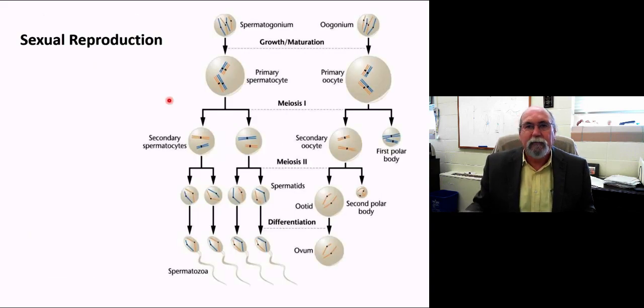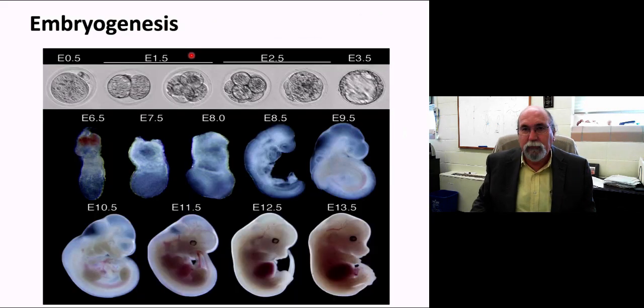Okay? Of course, sexual reproduction. In order to have the proper amount of DNA in each of our gametes, even though we're splitting it down, in order to produce the right complement, we first have to have replication go on. So long before we start the process of making gametes, we have to actually replicate. And then once, of course, we fuse those gametes into an embryo, we have embryogenesis.